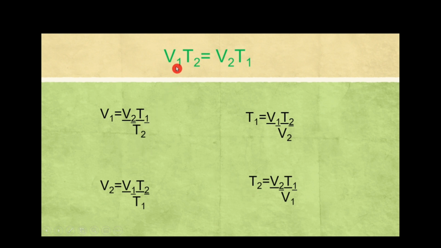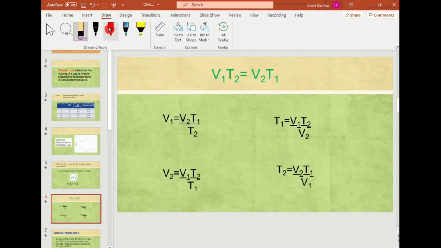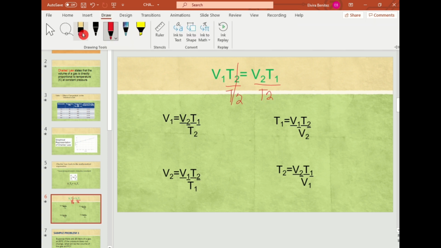If you are asked to solve for the initial volume, what you're going to do is just to transpose T sub 2 here. Okay, T sub 2. And then cancel it so that we can get the formula for V sub 1. So that is V sub 2 T sub 1 over T sub 2.